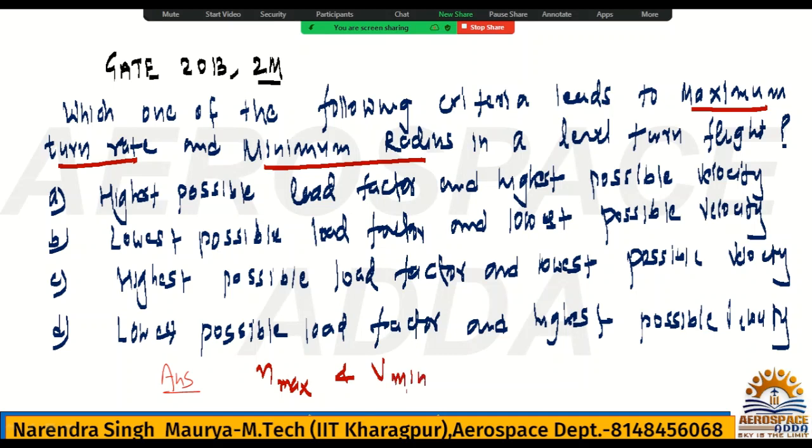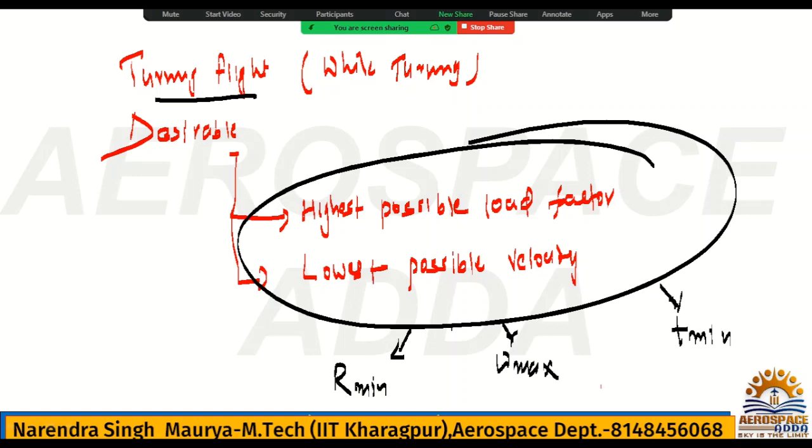That's all. So highest possible load factor and highest possible velocity, no. Lowest possible load factor, no. Highest possible load factor and lowest possible velocity, this is correct. Answer is C. That's all. No need to go back. I told you the conclusion: highest possible load factor and lowest possible velocity.